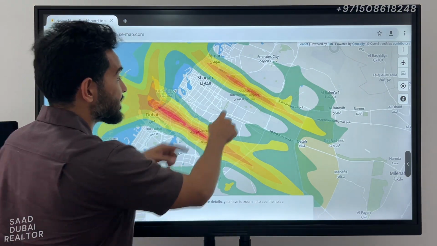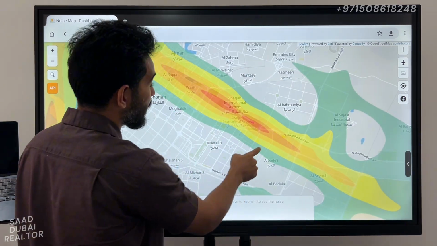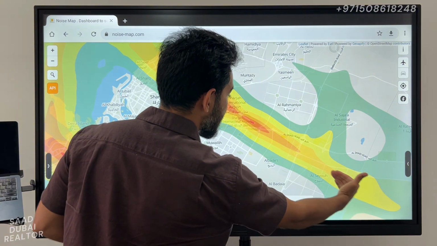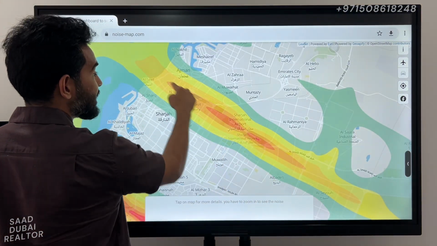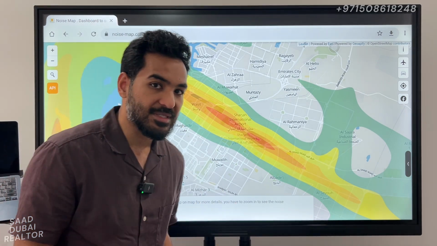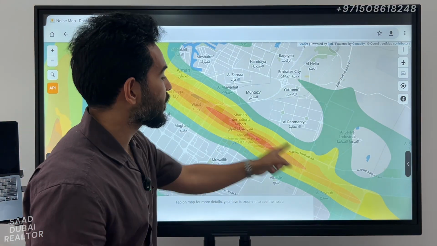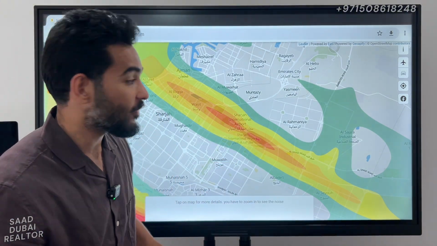This is Sharjah International Airport, and again you can notice a similar graph. The main sounds are along the runway because the planes are landing this way or taking off in this direction. That's where most of the sound is, and what you hear about aircraft noise happens right here. Usually on the sides you do not have this problem.